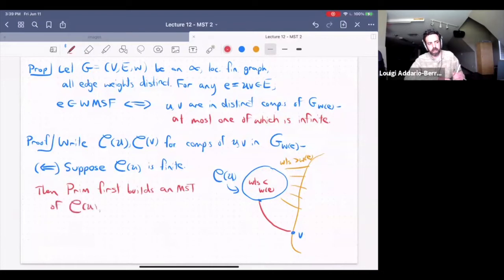And then once it's done that, it has no more edges of weight less than WE available to it. It adds the smallest weight edge which is available to it, which is this edge UV. So then it adds UV. Okay, and so that means that UV is an edge of the wired minimum spanning forest.